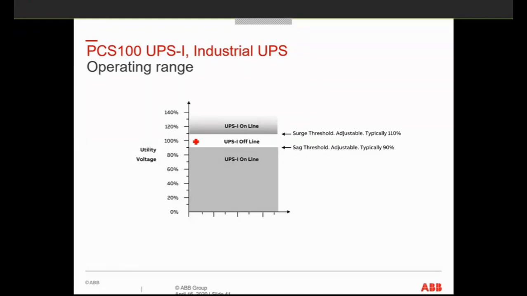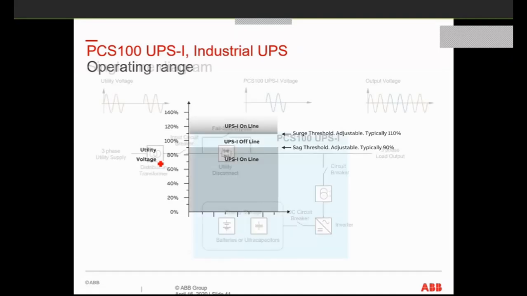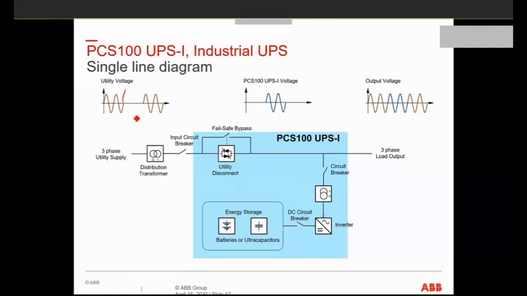So how does it do that? All right. So for example, if you have a utility voltage here and there is a zero voltage that came from the utility for a very small amount of time, then the PCS 100 UPSI will put on a value here to solve this issue, and will give you an output voltage of premium power.